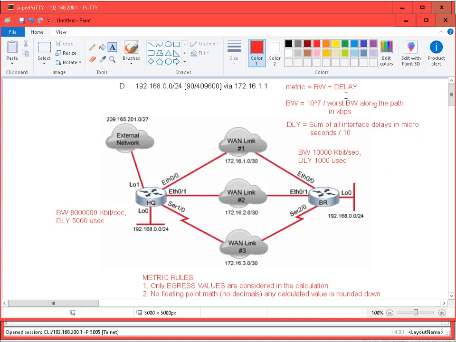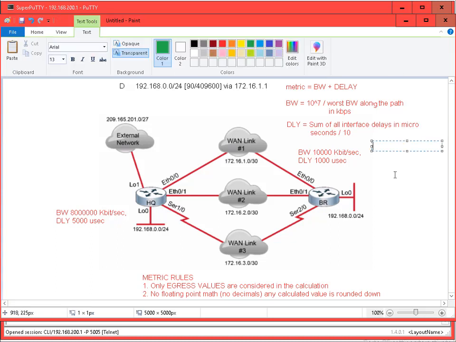If I drop that into the formula, I'm going to use green in this case. The bandwidth is 10 to the power of 7 divided by 10,000. Because it's in kilobits per second, I don't need to convert it, since it's already written in kilobits per second. That becomes part of my calculation.